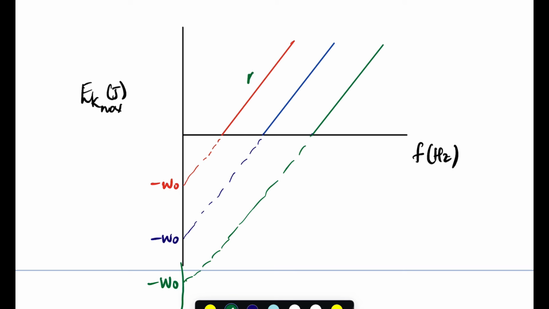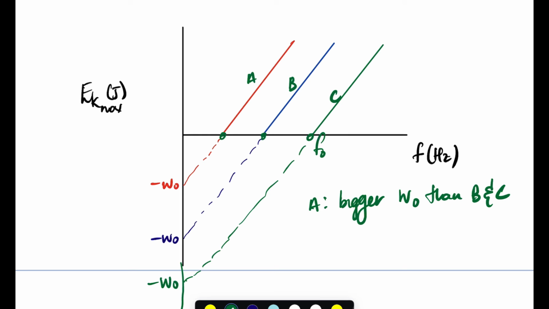So let's say it's metals A, B, and C. If you look at metal A, it has a bigger work function than B and C. They also have different threshold frequencies.